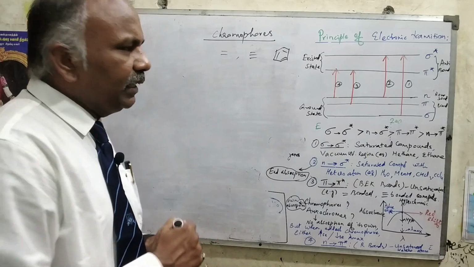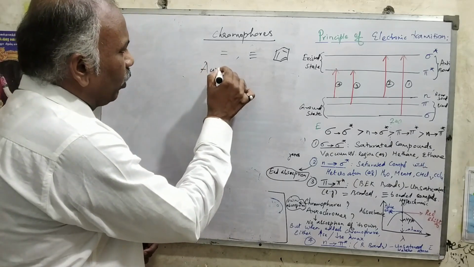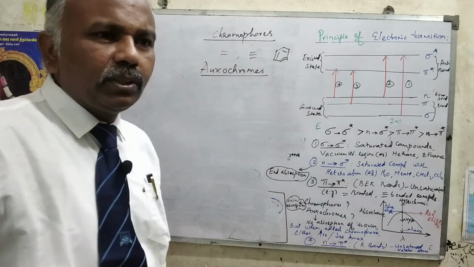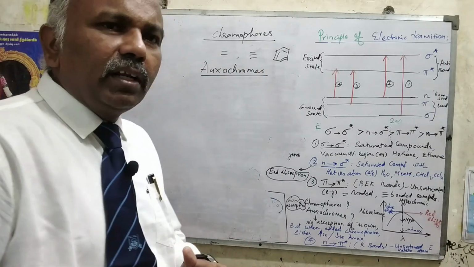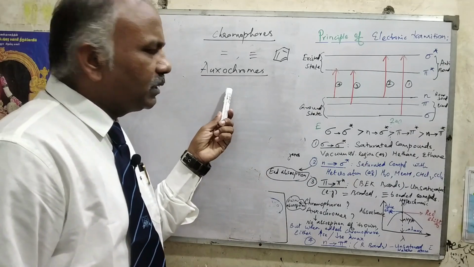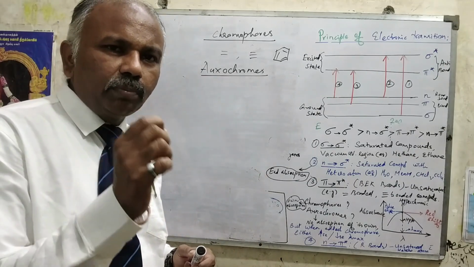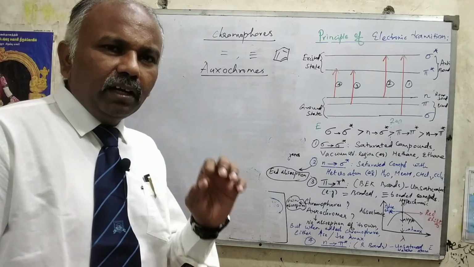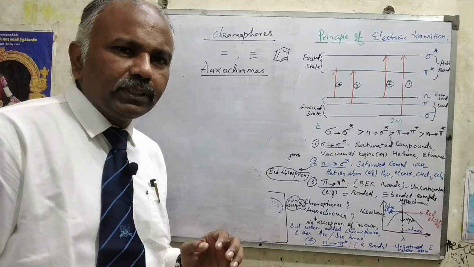There is another technical term we are giving, that is called auxochromes. What is the meaning of auxochromes? Auxochromes are compounds that do not have any characteristic absorption of their own, right? I repeat, auxochromes do not have any characteristic absorption of their own.